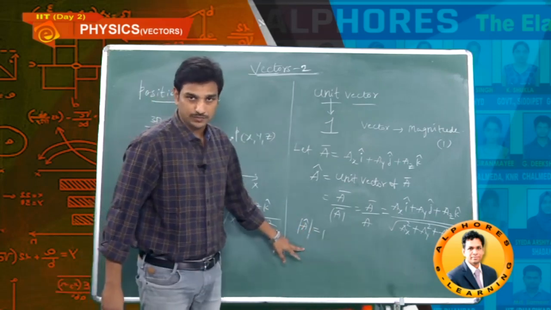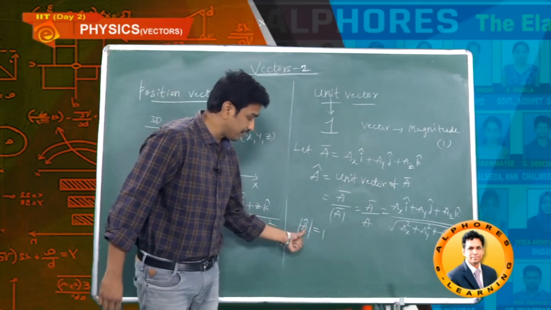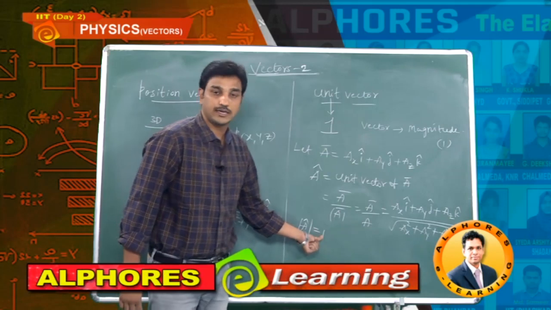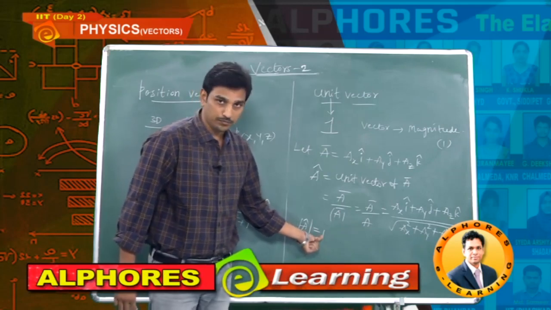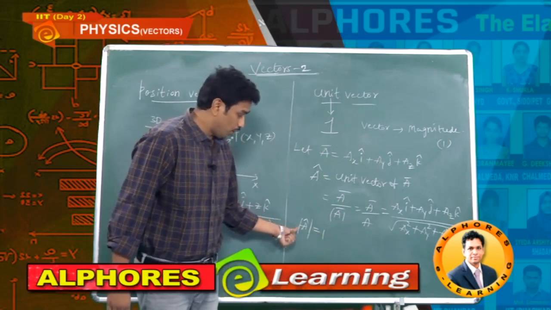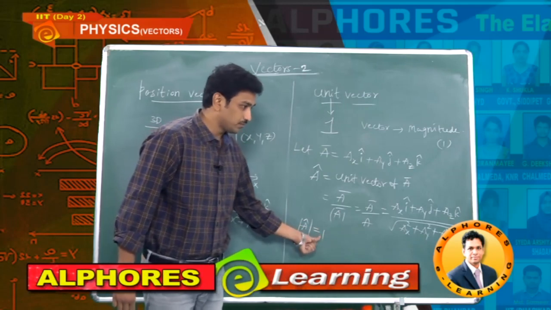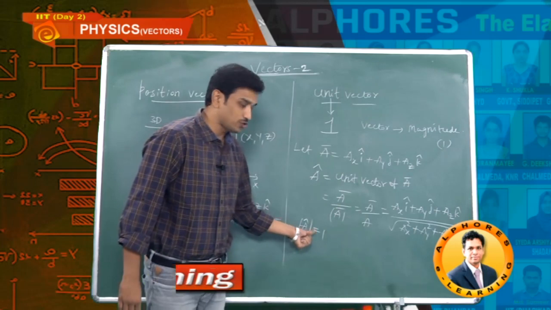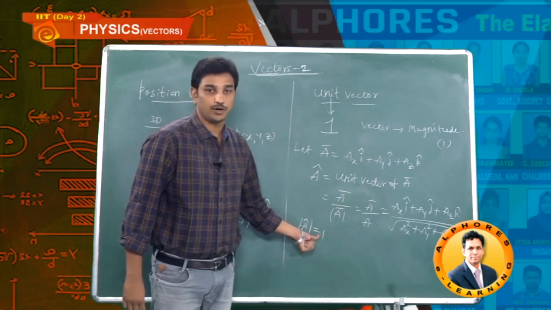I should get this, then only it is a unit vector. If the magnitude of A cap is not 1, then it is not a unit vector. If mod of A cap is 1, then my A cap is a unit vector.